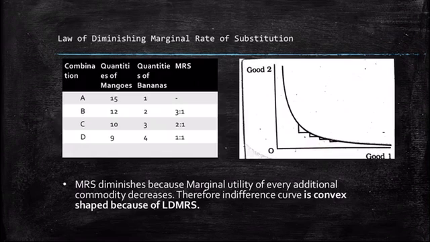As a result of this, the indifference curve always slopes downwards from left to right, and it will be convex to the origin. I'll tell you again, the indifference curve always slopes downwards from left to right. This is because the consumer wants to stay at the same indifference curve.